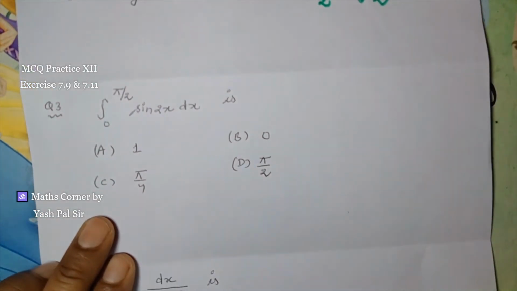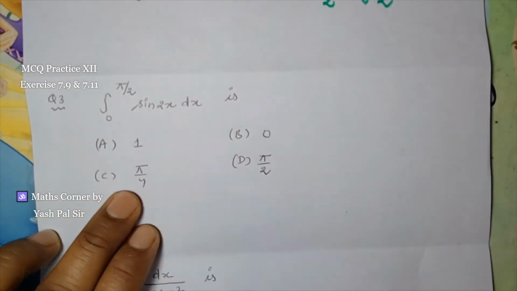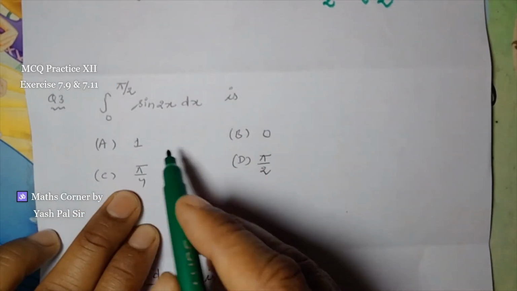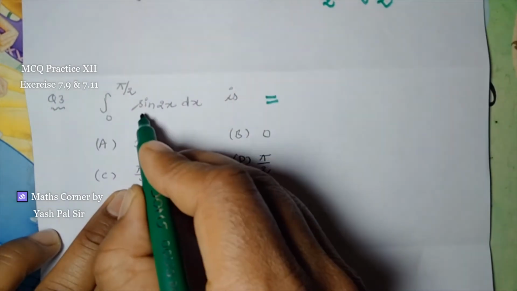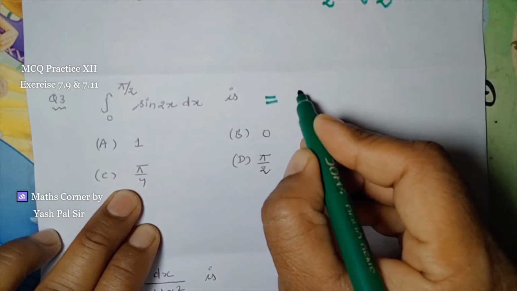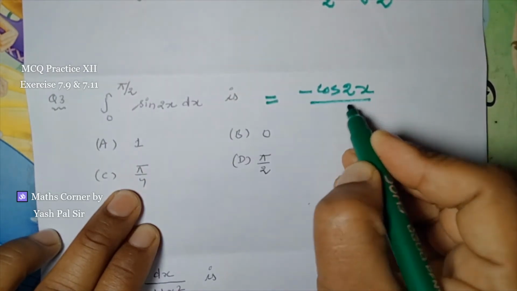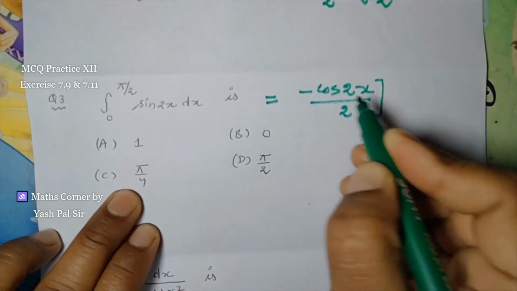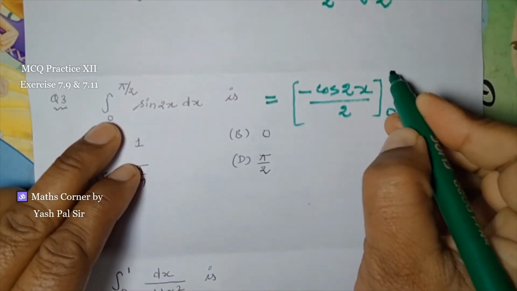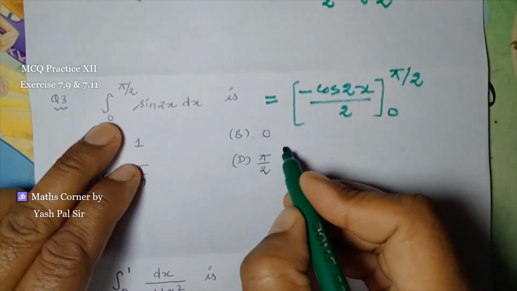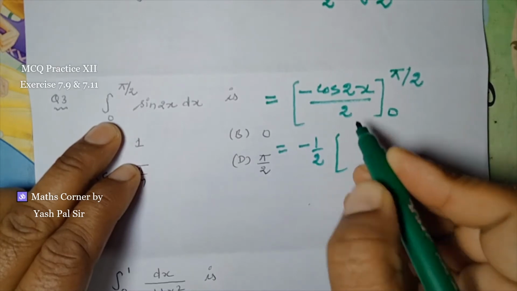Now coming to question number 3. 0 to pi upon 2 sine of 2x dx. Here we have integration of sine 2x is minus cos of 2x divided by 2, right? Again we substitute, lower limit is 0, upper limit is pi upon 2, so this becomes minus 1 upon 2 outside.